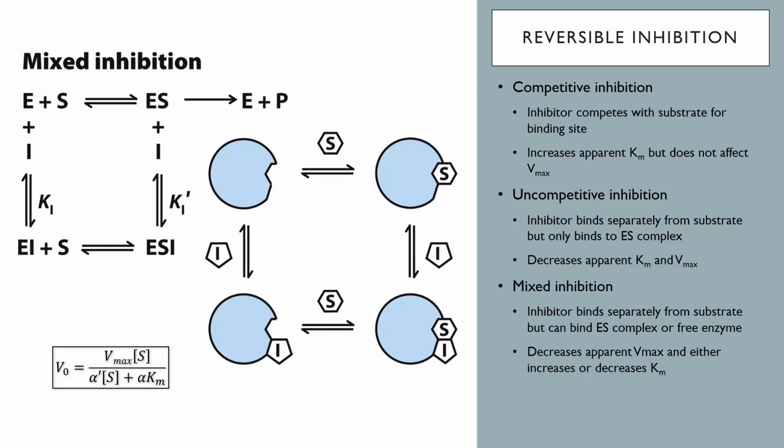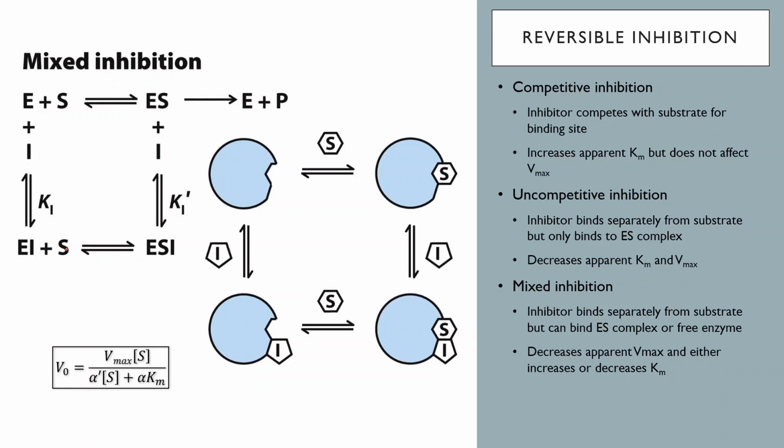And there's also something called mixed inhibition, where the inhibitor can bind to the enzyme, either the free enzyme or to the enzyme substrate complex. In this case, there's basically two ways for the inhibitor to bind.